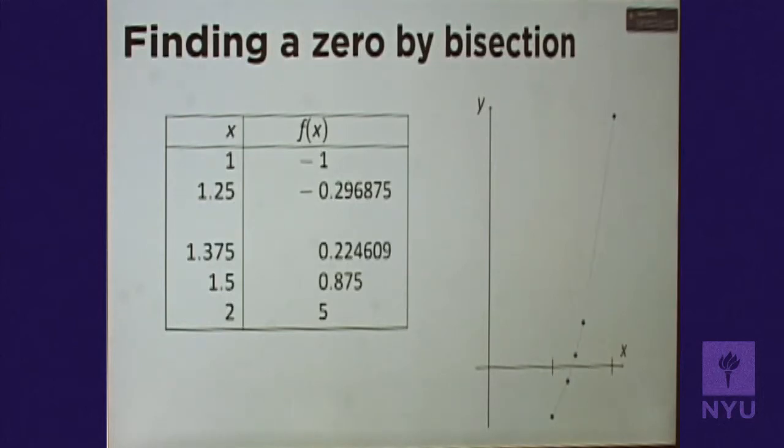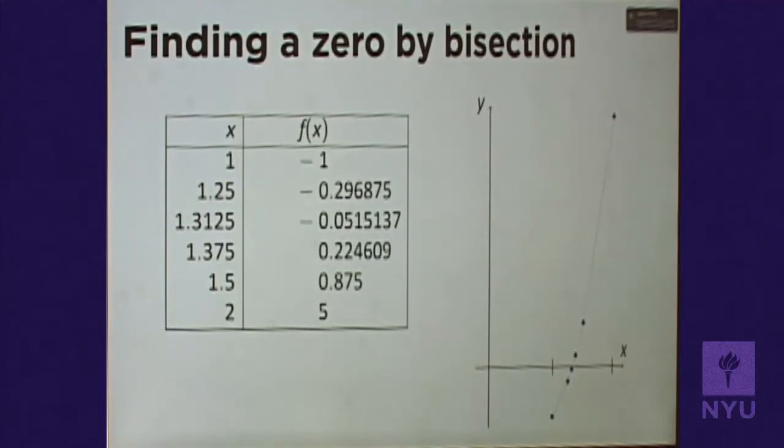Divided again, 1.375 is the midpoint between those two. Plug that into the function, I get something positive. So now I know that the 0 is in between 1.25 and 1.375. One more time, let's divide. The midpoint between 1.25 and 1.375 is 1.3125. And plugging that into the function, we get something negative again.